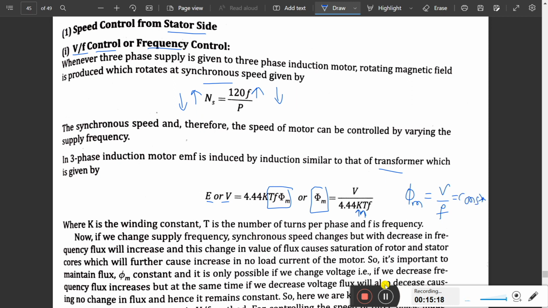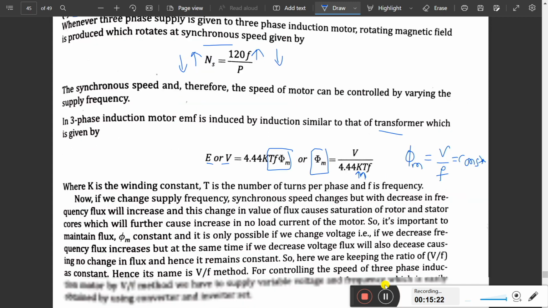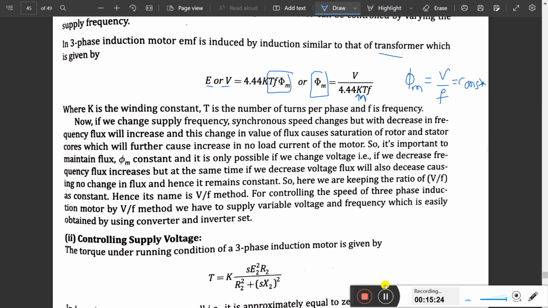With the flux constant, we can directly vary the frequency, then speed will vary depending upon frequency. We control this V by F method by using a converter and inverter set. The main point is if you keep V by F constant, only frequency will vary, and the speed will vary.